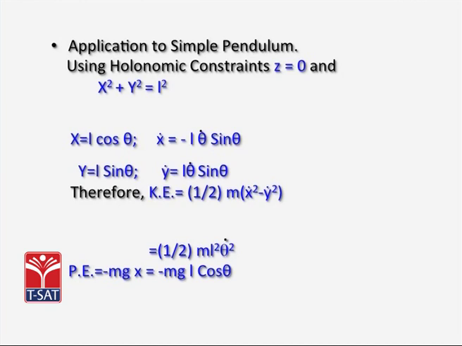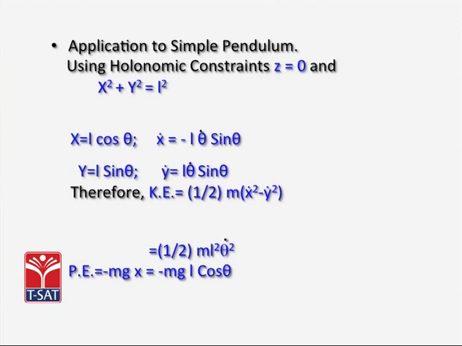Now, we will write the equations. x is equal to L cos theta, and x dot, the variation with time, is minus L theta dot sin theta. y is equal to L sin theta, so y dot will be equal to L theta dot cos theta.